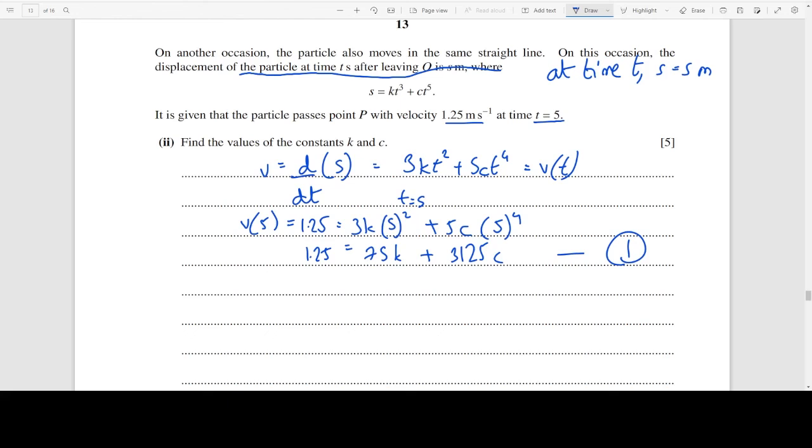Okay, I got one. The particle moves from O to P, and we know that the O to P distance is 6.25 meters from the last part.